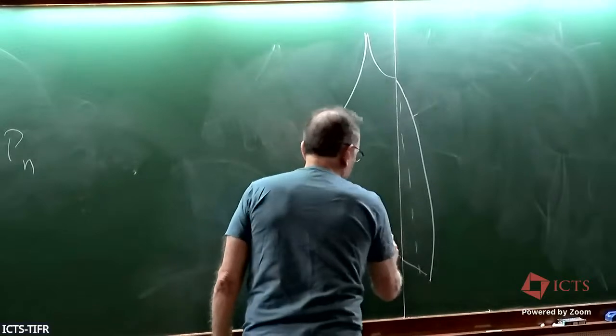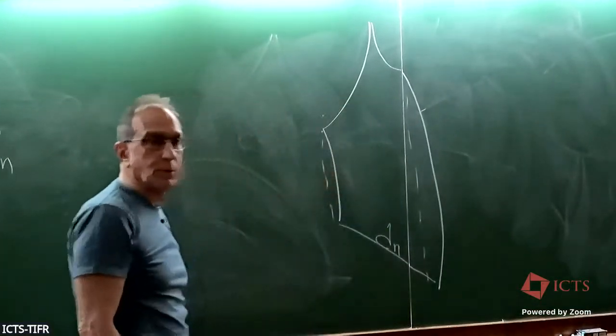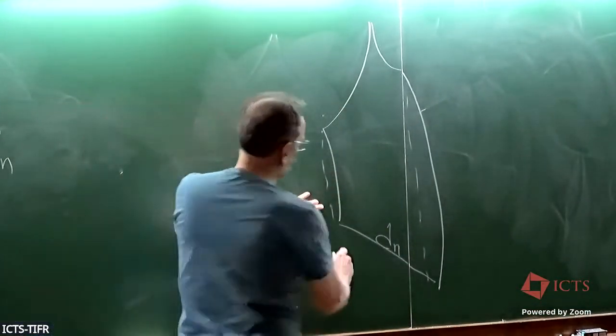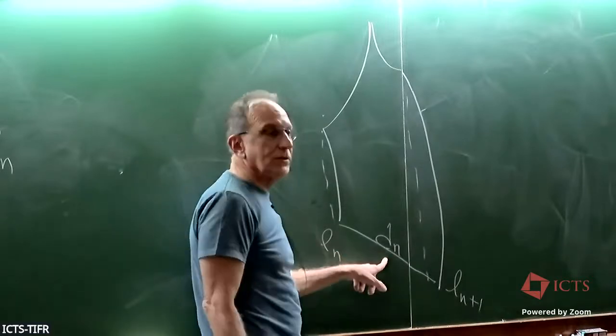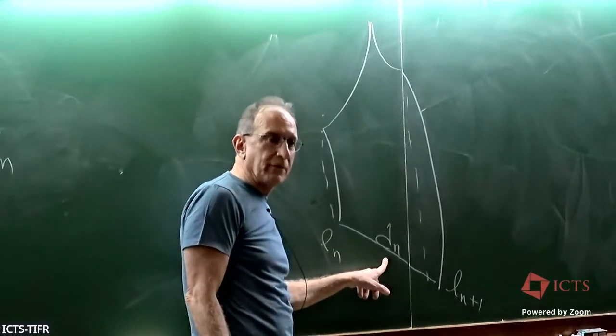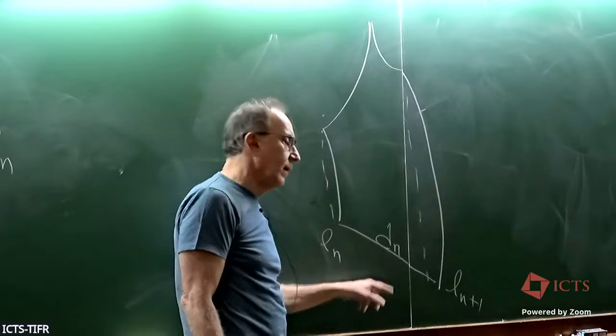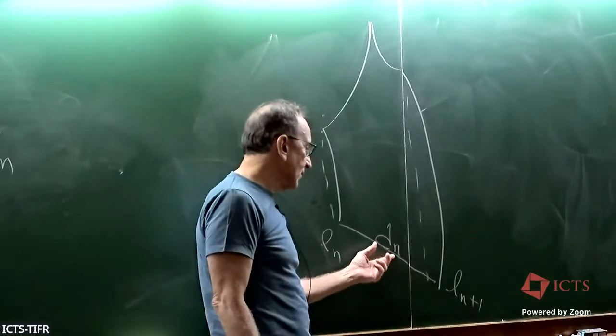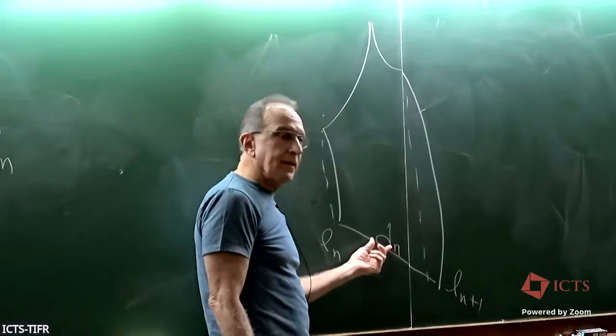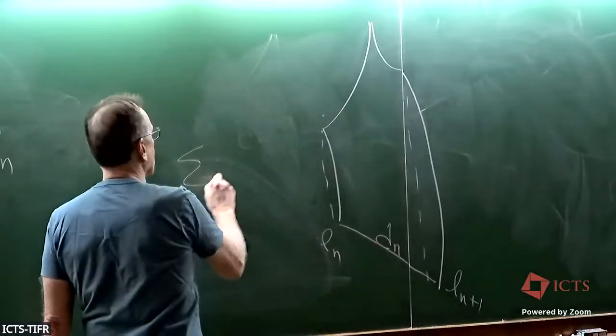Let's say maybe this is dn, the distance between these two geodesics. This was ln, this is ln plus 1. So these lengths are growing very fast. That forces this distance to get very small, very fast. Okay? And in particular, if these lengths are growing fast enough, these dn's, if you add them up, will converge.